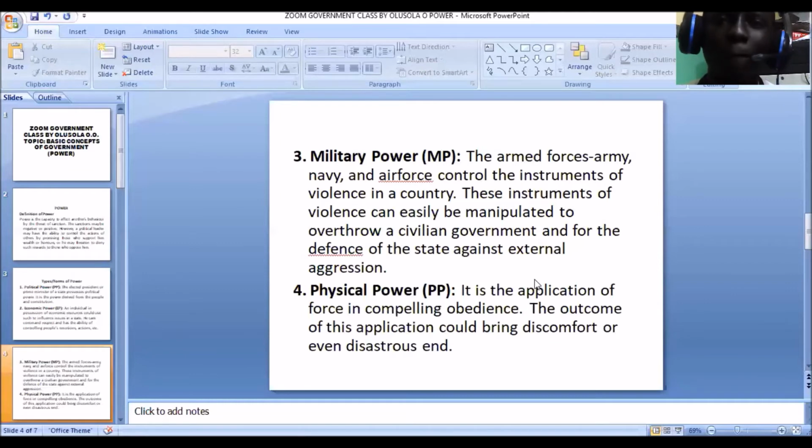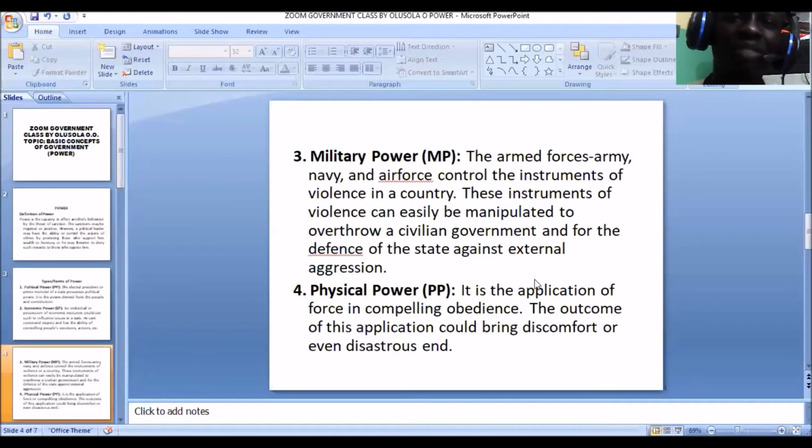Pick that paper, pick that, do that. This is physical power. It is the art of using force to get results or to produce results. That is the nature of physical power. And physical power always brings discomfort to the person or people that the power is infringed upon.